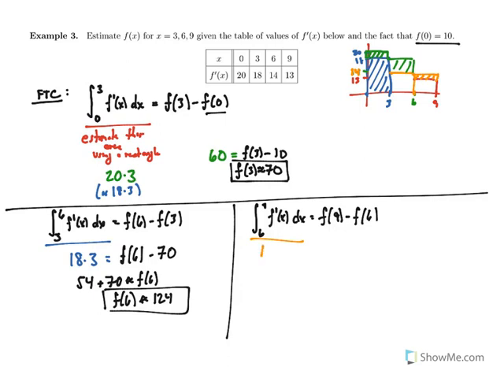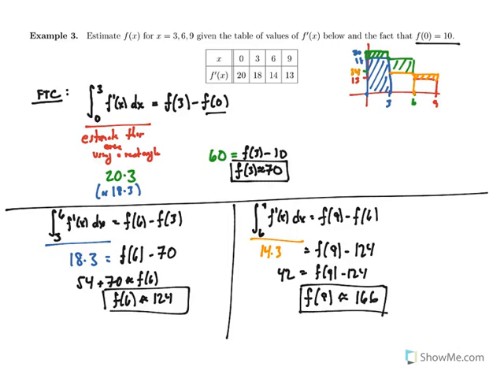That means that we're going to have 14 times 3 for the area there, equal to f of 9 minus f of 6, which is about 124. 14 times 3 is 42. So f of 9 is going to be about 166.